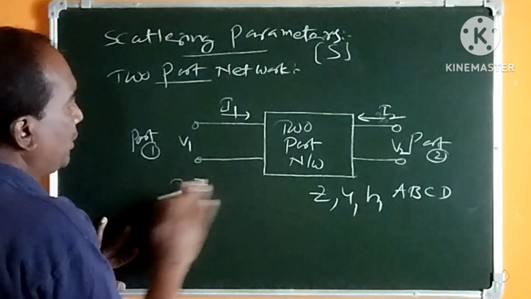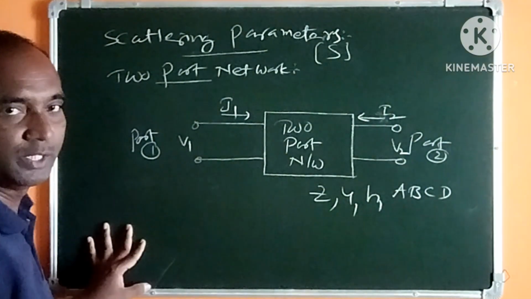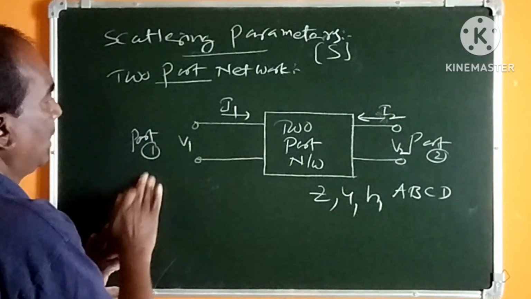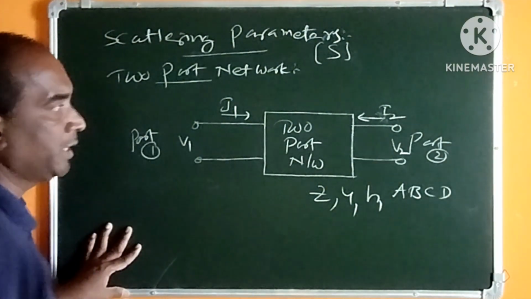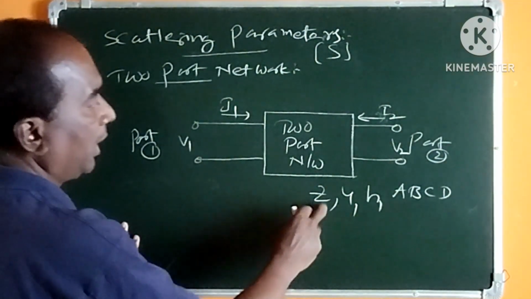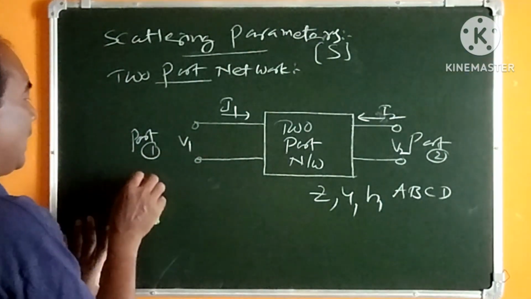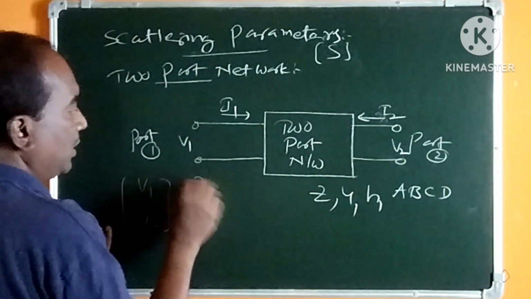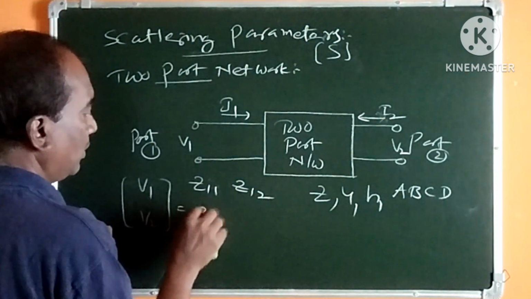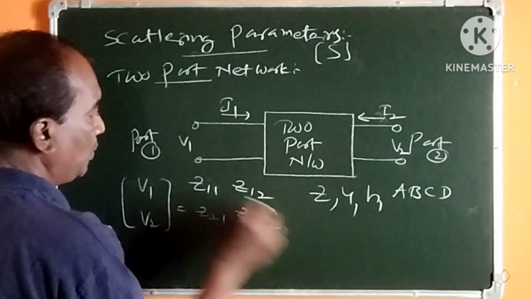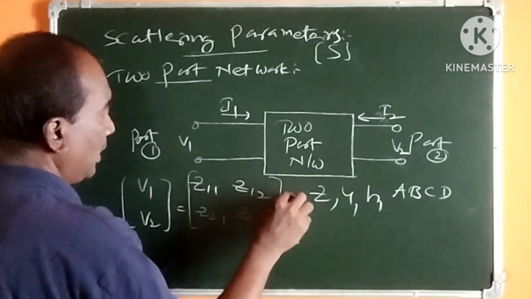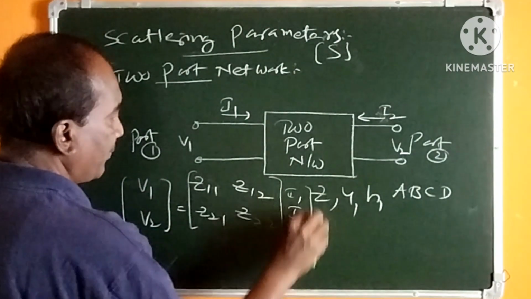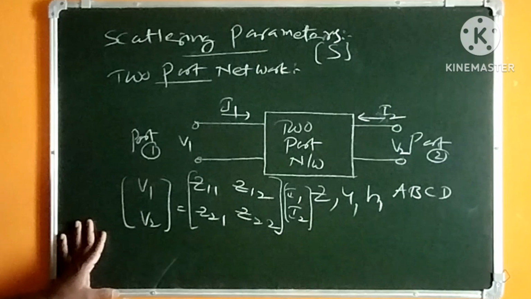Suppose it is a two-port network device, and these voltages and currents are interlinked with impedance Z as V1, V2 equal to the matrix Z11, Z12, Z21, Z22 times I1, I2.